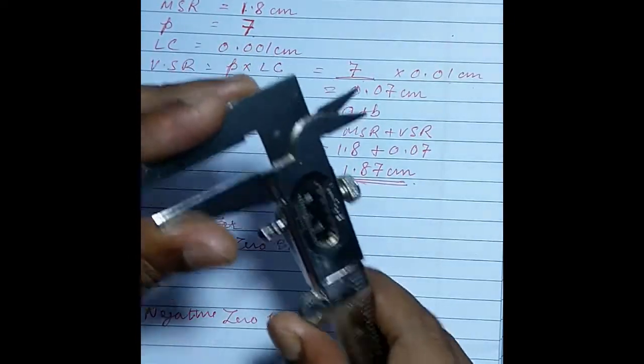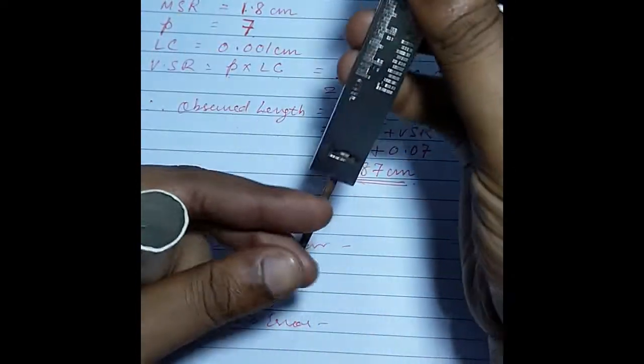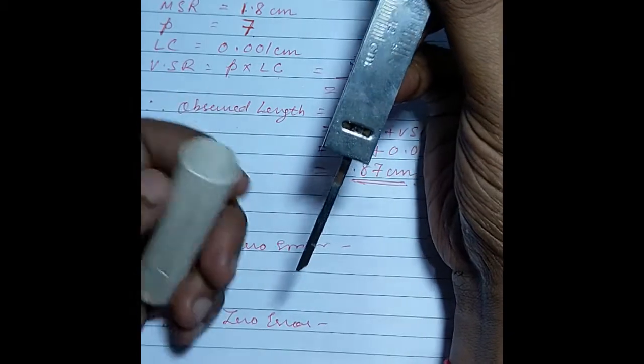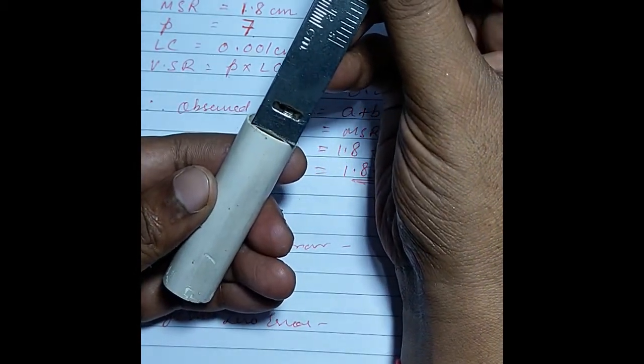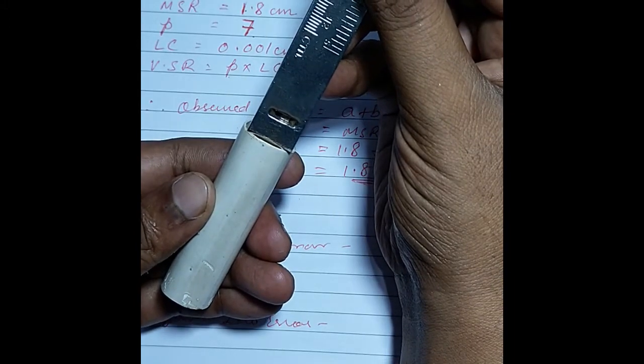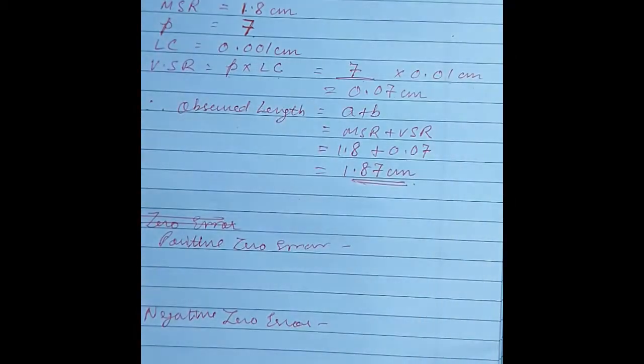And you can see there is a small rod at the end. This is used to measure the depth of a particular beaker, pipe, tube or anything. All right, now we are going to talk about the zero errors in vernier calipers.